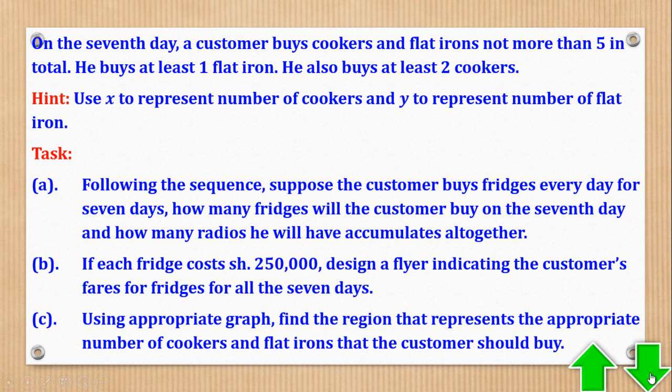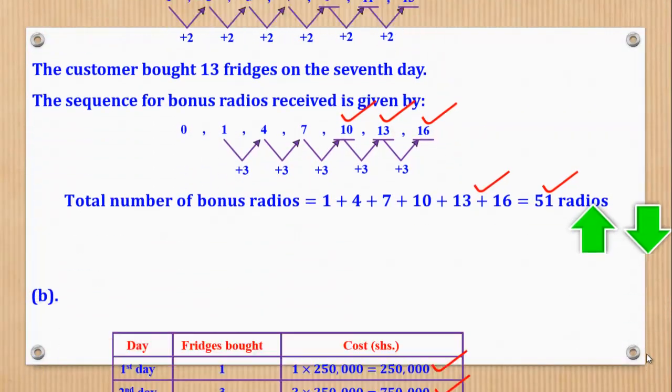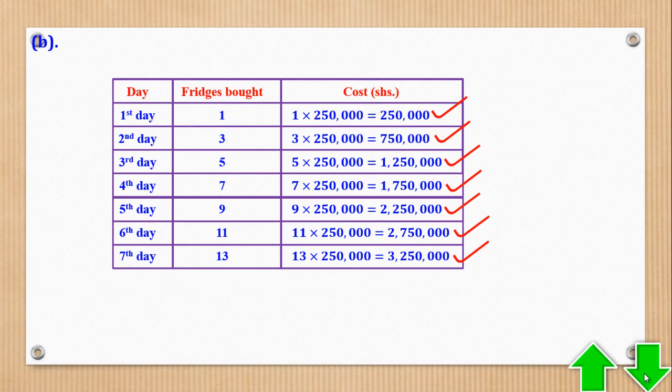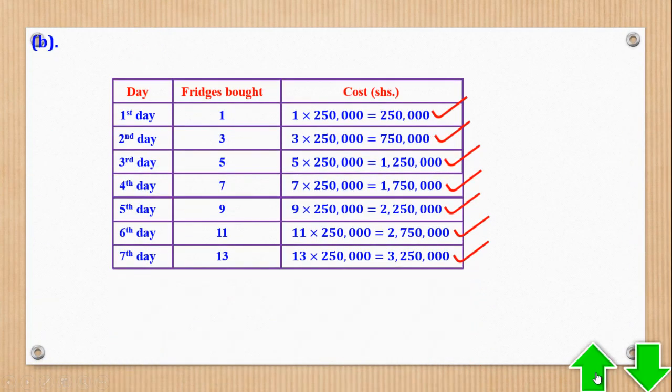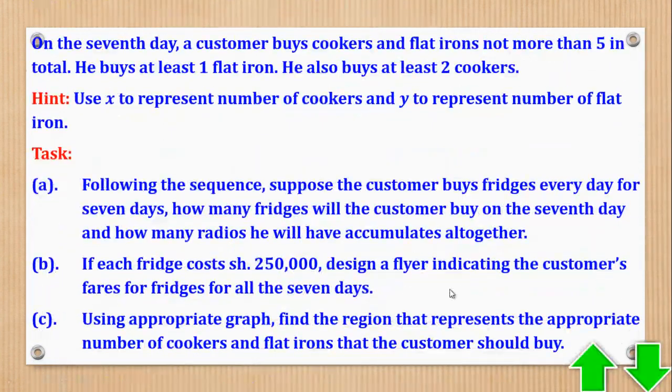Therefore, you can come here and write, now this is under inequalities. Remember they told us X represents number of cookers bought and Y represents number of flat irons bought.